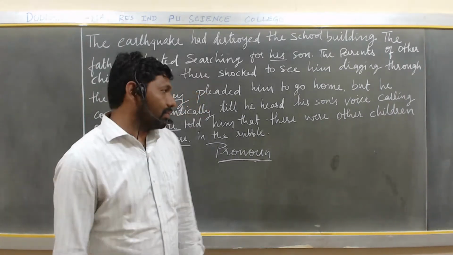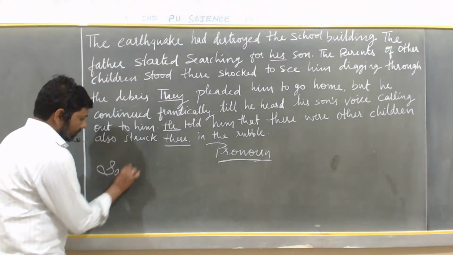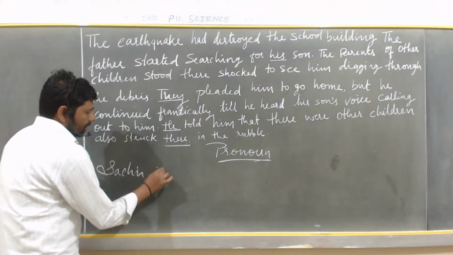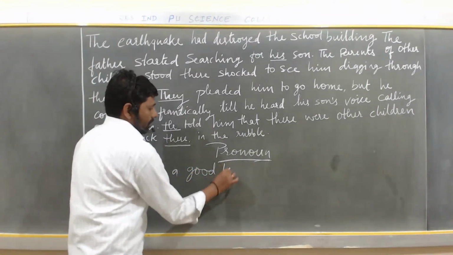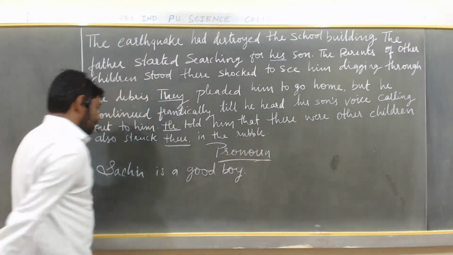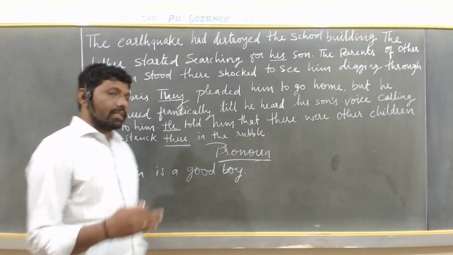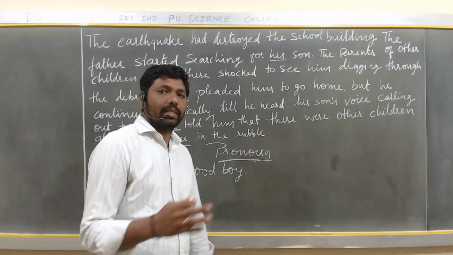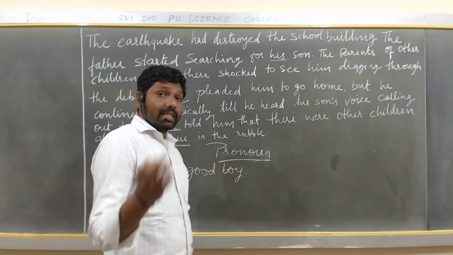So, for example, if I take Sachin is a good boy. If I keep repeating Sachin, Sachin is a good boy, Sachin comes regularly, Sachin is obedient, Sachin is the eldest son of his father.